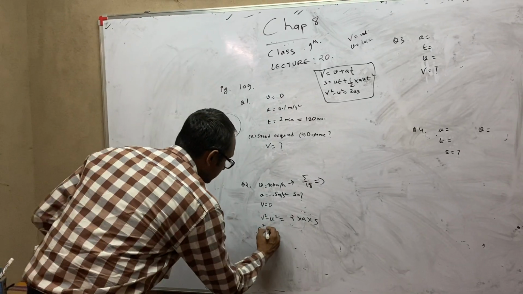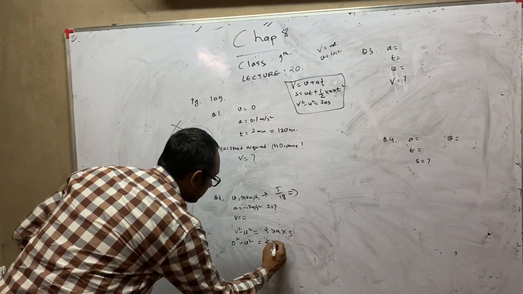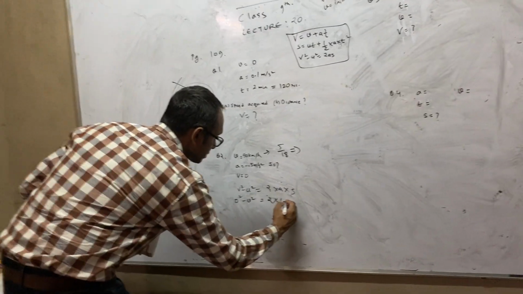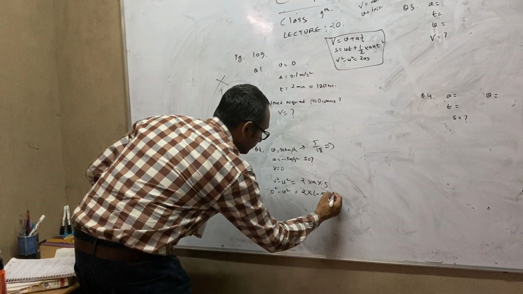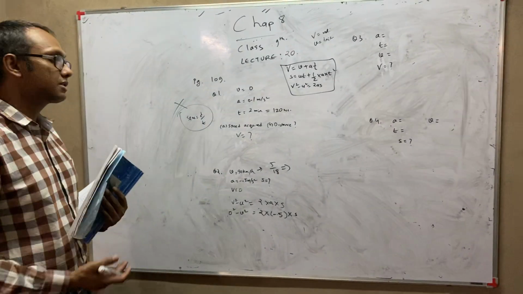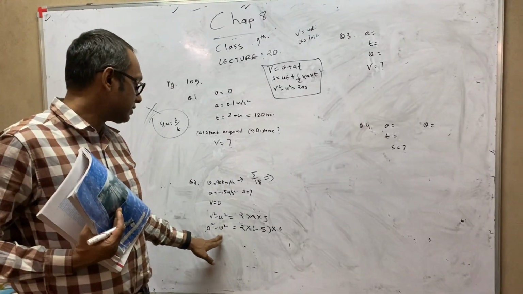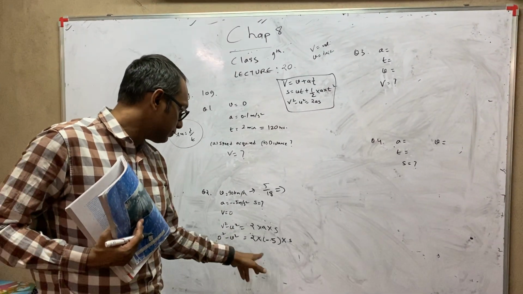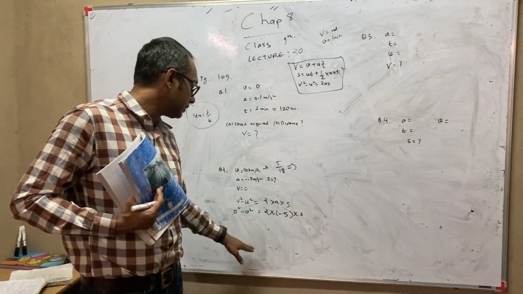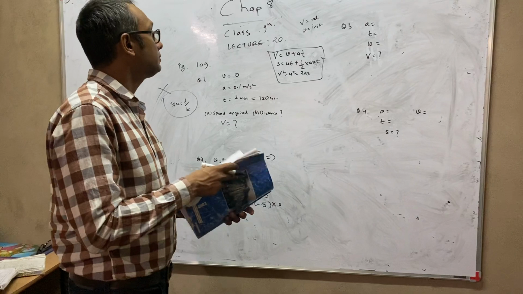And whatever you get, that value of u you will substitute here, and then 2 into, this is of course minus 0.5, so you will write minus 0.5 and into s. Then whatever the answer comes, you just do this. It is always easier in these questions that once you substitute the value of 2, just bring these two here, and then you will get the s directly. This is question number 2.